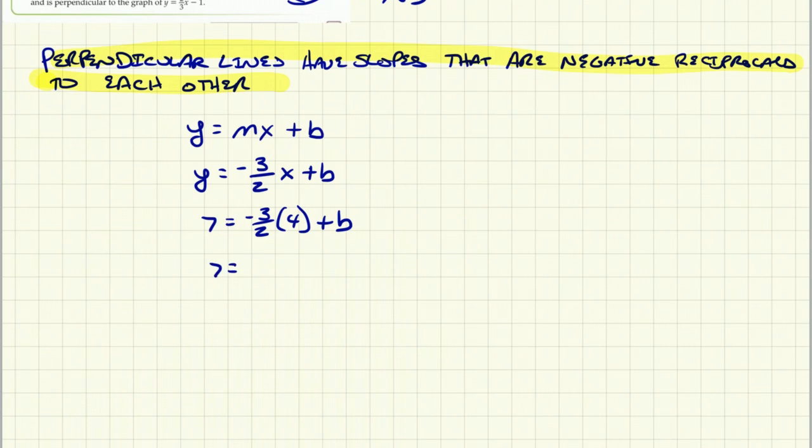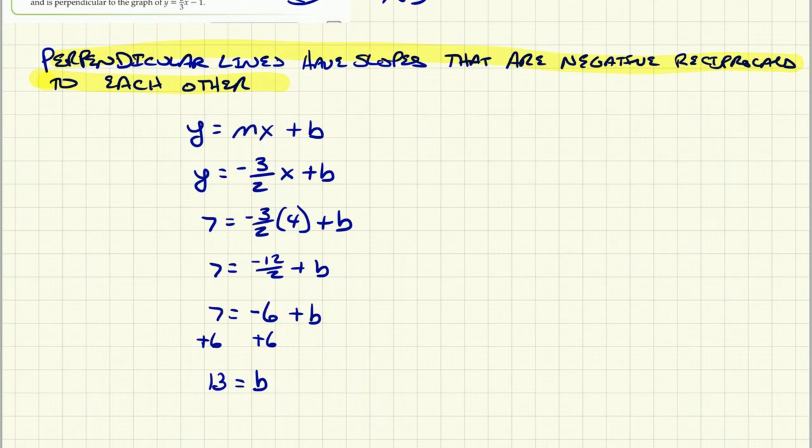7 equals negative 12 over 2 plus b. So negative 12 divided by 2 is negative 6, so 7 equals negative 6 plus b. We're going to add 6 to each side. So b equals 13.